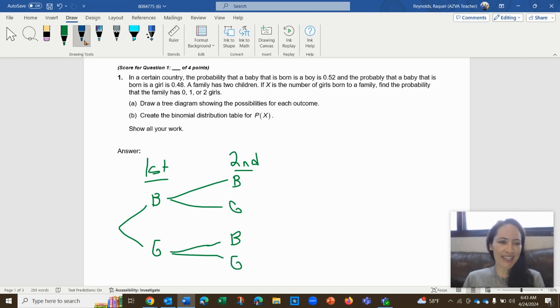The only difference is now we need to fill in the probabilities. The way I was taught to do it was to write it on the line. So 0.52, 0.52. You can do it any way you want. You're just organizing the data. 0.48. Notice how 52 plus 48 is 100, because that's how probabilities have to work. They have to total up to 100% of the potential outcomes.